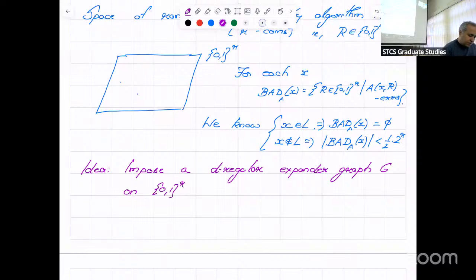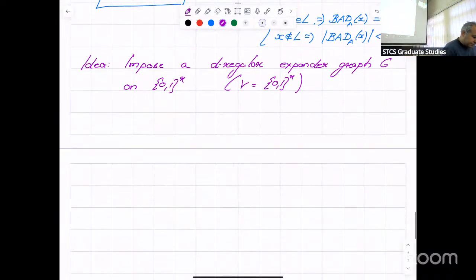We're going to think of the vertices of the graph as {0,1}^R. Notice this is an exponentially large size set. We are just going to think of some expander graph whose vertices are this. So the edges have no structure right now, it's just an expander graph. And I'm now going to design this new algorithm, which, instead of calling it A_T, let's call it A.